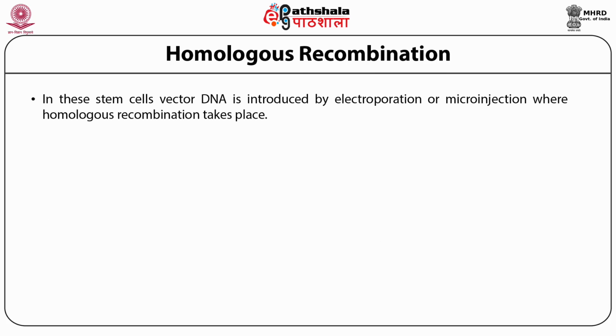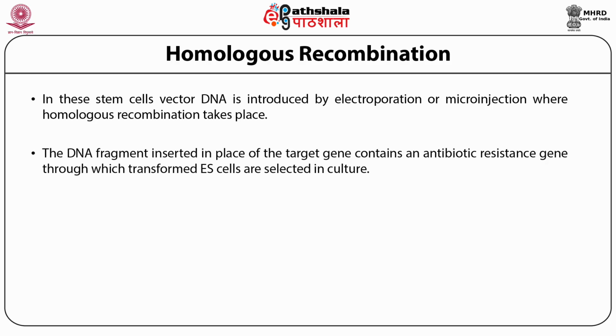In these stem cells, vector DNA is introduced either by electroporation or microinjection, where homologous recombination takes place. The DNA fragment inserted in place of the targeted gene contains an antibiotic-resistant gene, through which transformed embryonic stem cells are selected in culture.